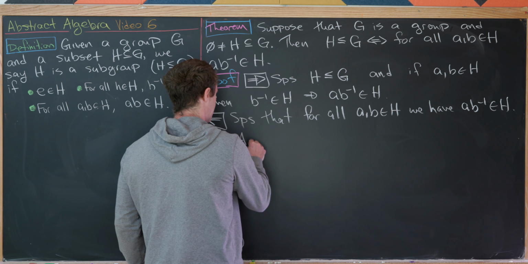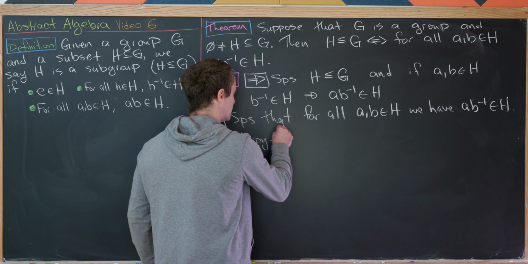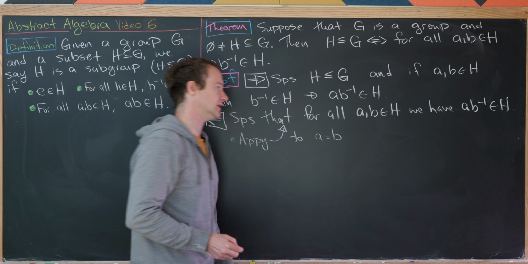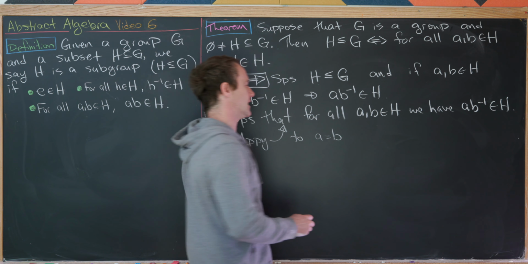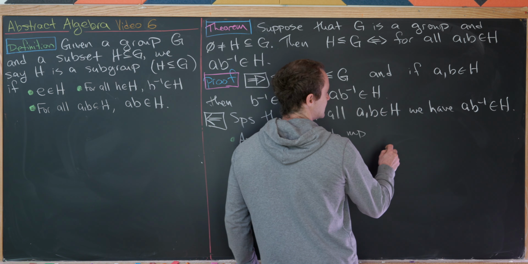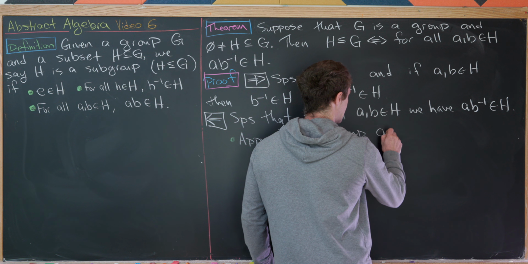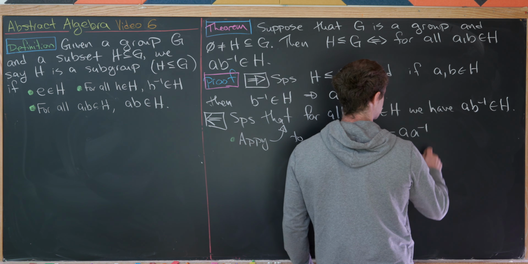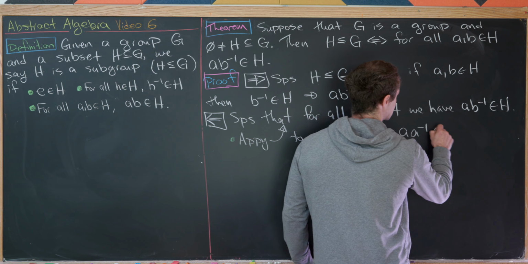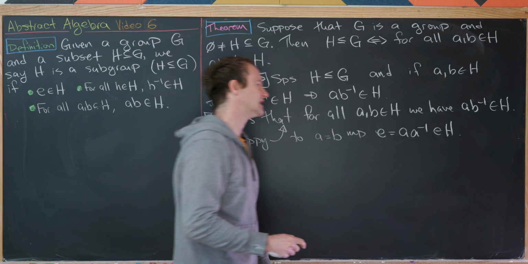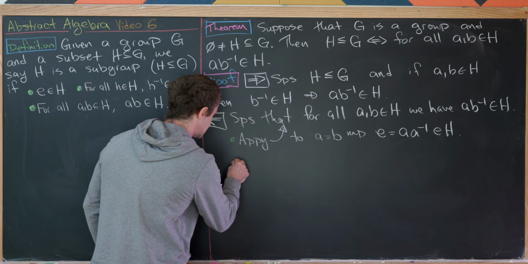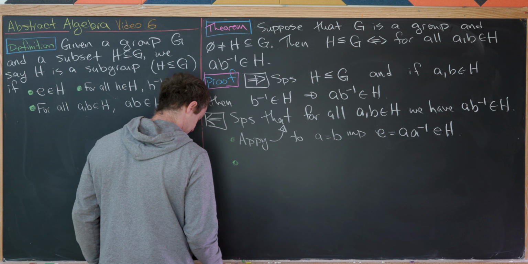So let's apply the rule up here to the case where A is equal to B. Okay, but that tells us that we know E, which is equal to A times A inverse, is inside of H. So we've got E is inside of H. We're good to go. So now let's move on to this next bit with inverses.